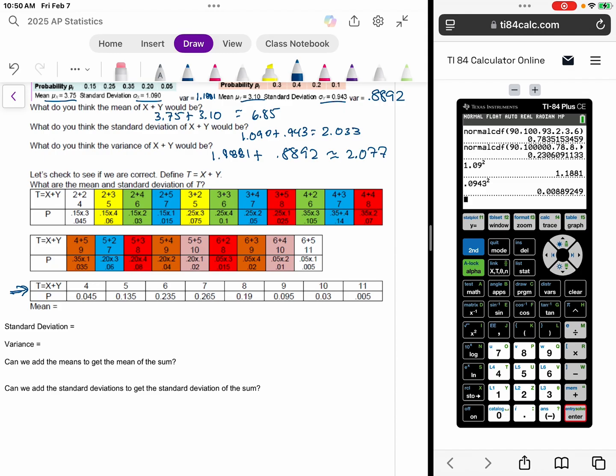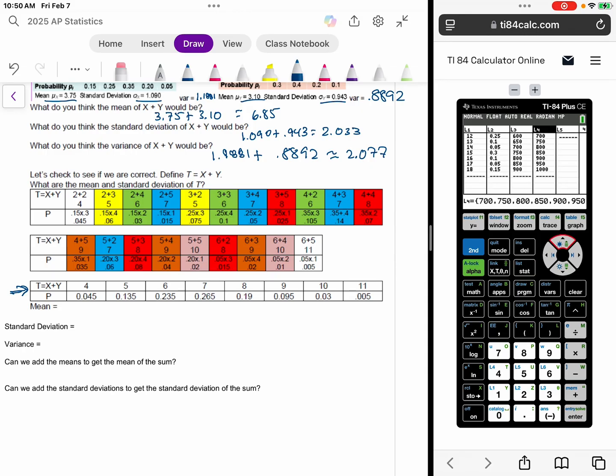So let's go ahead and type those in to L1 and L2. There's too many columns to delete. So 4, 5, 6, 7, 8, 9, 10, 11.